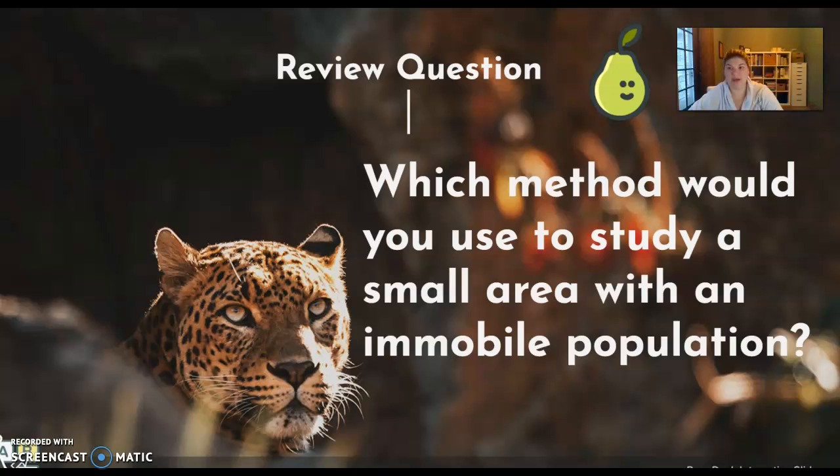We have a small area, and the organism's not moving. If you put direct observation, you would be correct, because if I am only counting a few of something in a smaller area, then I can certainly do direct observation.